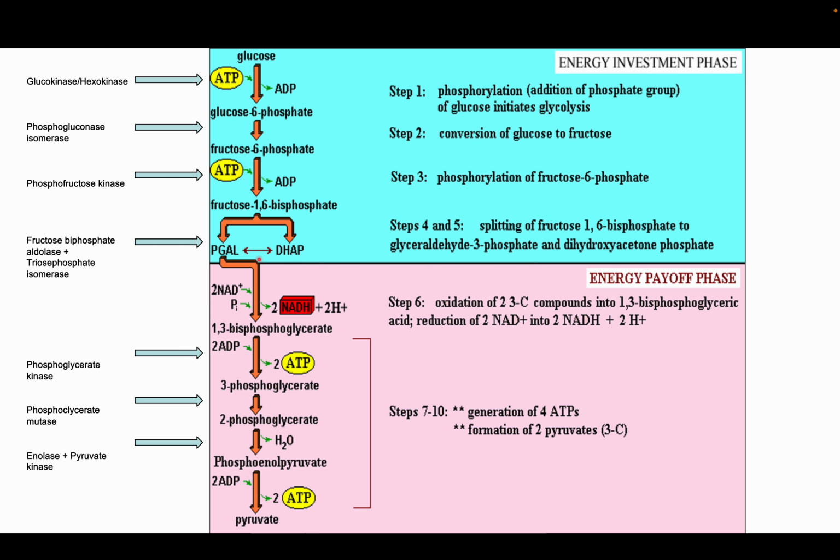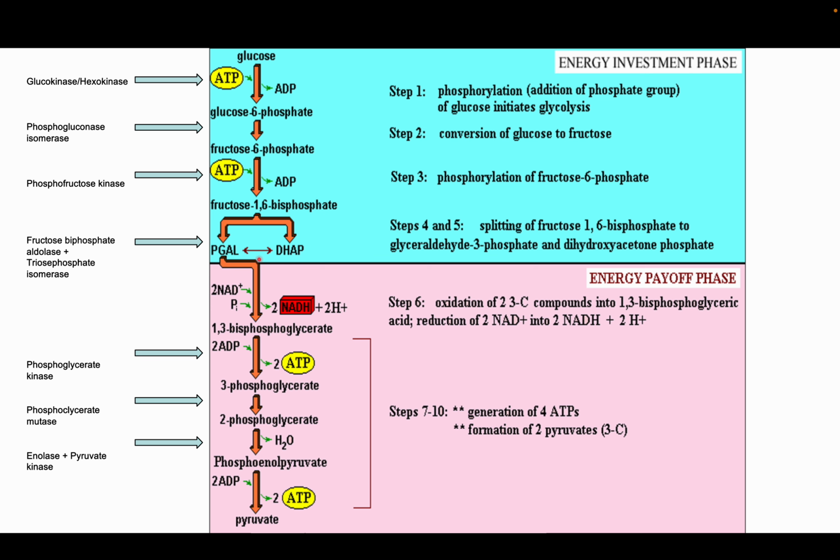or stage, where we start with the oxidation of glyceraldehyde 3-phosphate into 1,3-bisphosphoglyceric acid or glycerate, with the corresponding reduction of NAD plus into NADH and H ions.